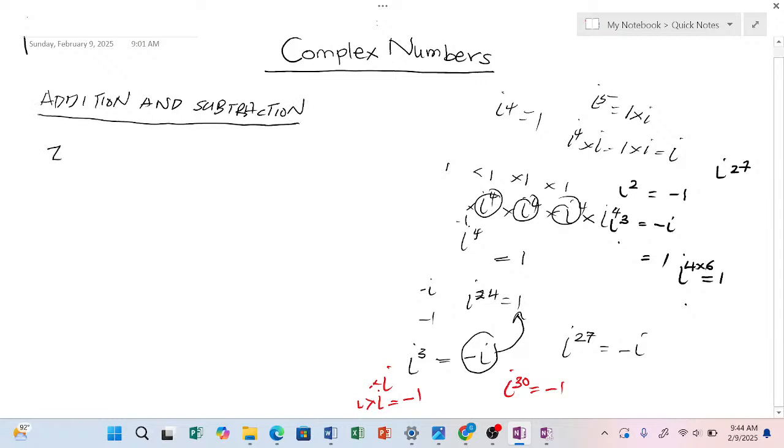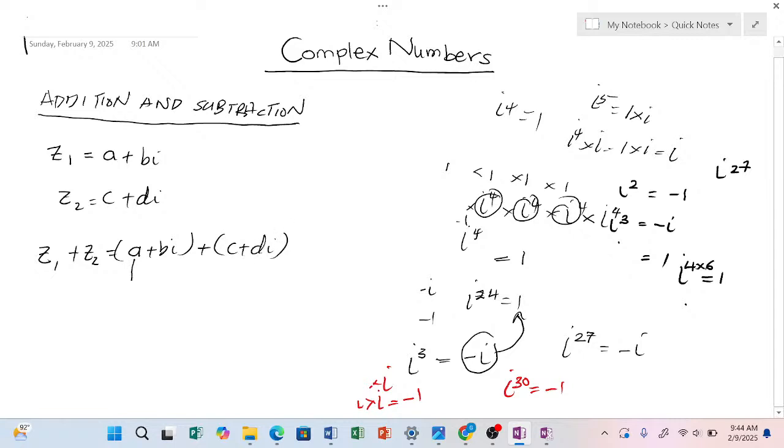Now, if I have complex number 1, which is a plus bi, and complex number 2, which is c plus di, and I have complex number 1 plus complex number 2, it's simply a plus bi plus c plus di. So in addition of complex numbers, the real part will add itself, and the complex part will also add itself. So we are going to get a plus c.